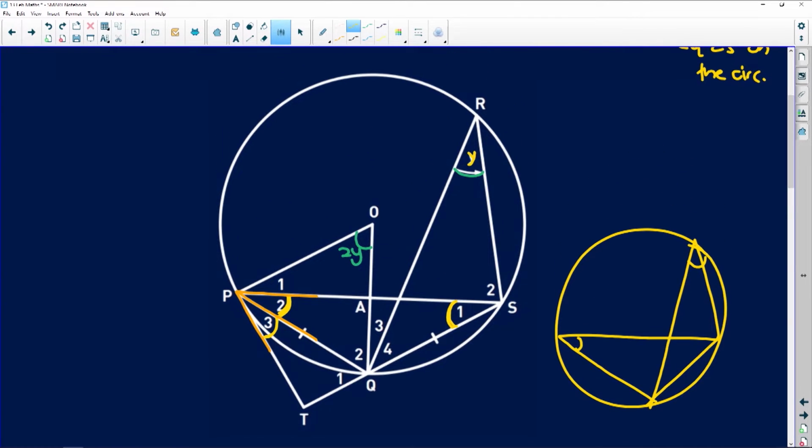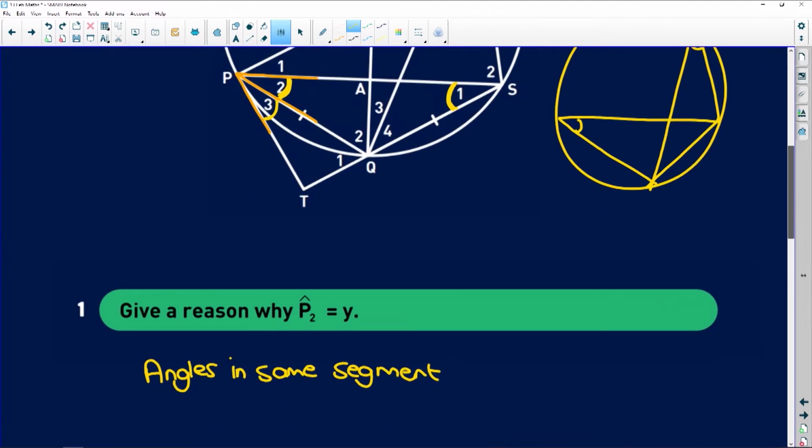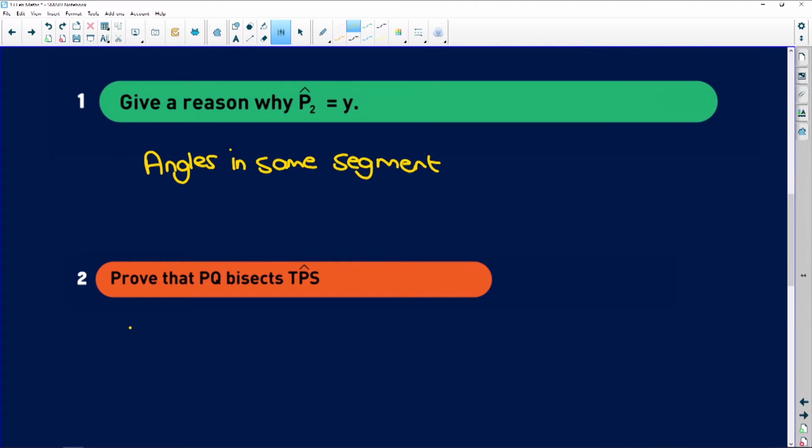So let's start with P2. We said that P2 was equal to S1. Why? Because it's an isosceles triangle. So P2 is equal to angle S1. You can say isosceles triangle, or you can say angles opposite equal sides.